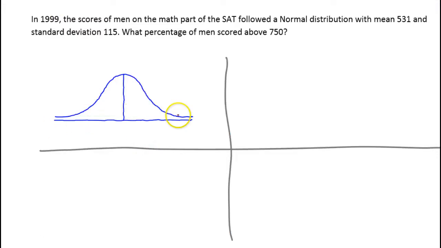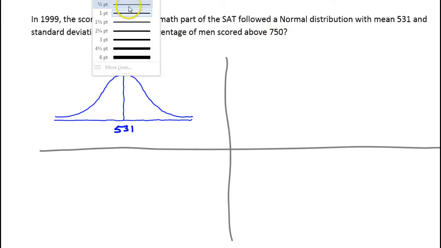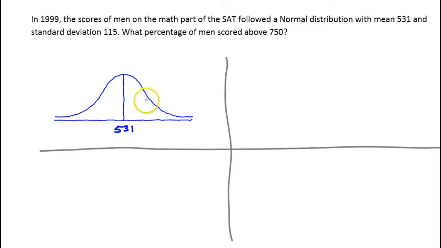Alright, first let's just draw a sketch of the situation. So here's a picture of a normal curve, and the mean is 531. So I'll put that right here. Now we want to know what percentage of men scored above 750. So let's put that on the picture as well. 750, I'll just put it over here somewhere.